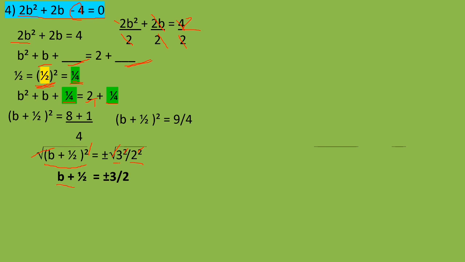So, eto na ang i-equate natin gamit ang plus minus sign. Hiwalayin lang natin siya. So, meron tayong b plus 1 half is equal to positive 3 halves. And the other one, b plus 1 half is equal to negative 3 halves.